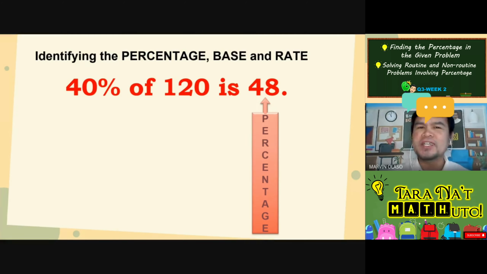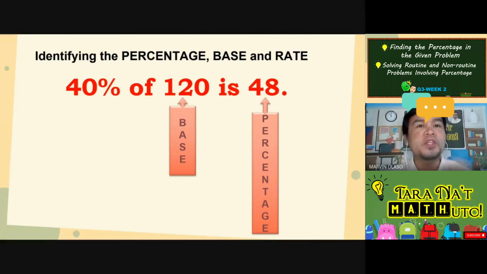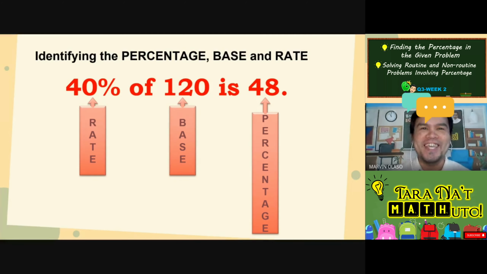What about the base? It is associated with the word of. So, 120 is the base. Tatandaan niyo yung mga clue words natin, ano? And of course, the rate is associated with the symbol percent. So, 40% is the rate. Did you still remember it? Well, you should be and always remember all of this.